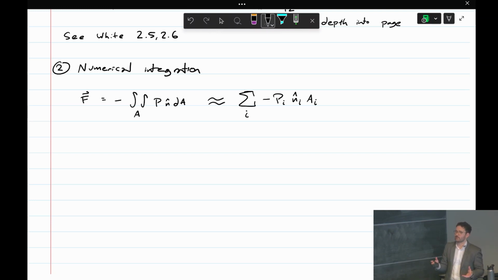We said the total net force is just going to be the sum of all the infinitesimal forces all over this body. Using a computer, we can take the body and break it into 1,000 or however many chunks you want, compute the pressure at each of those separate points, and then sum them up directly like that. So this avoids having to solve an analytical integral, which we can't do for many real world shapes.